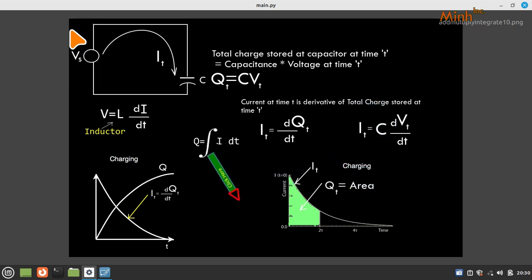Now as we talked, integration is nothing but calculating the area.